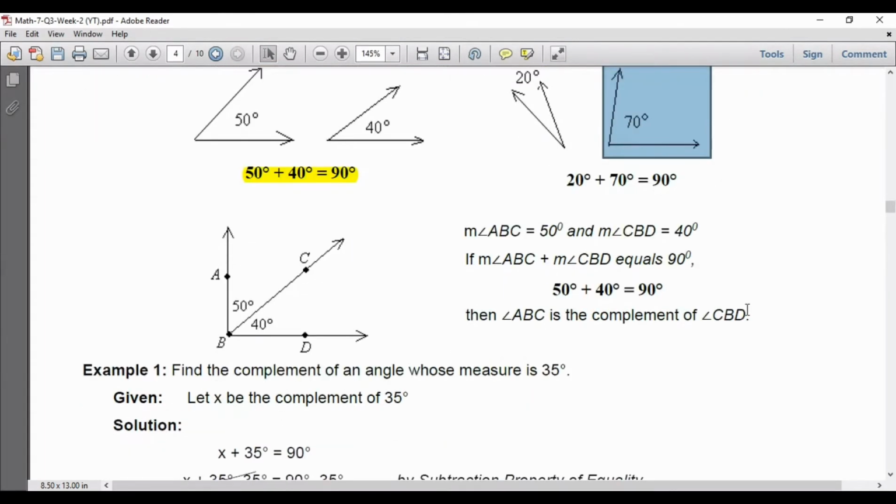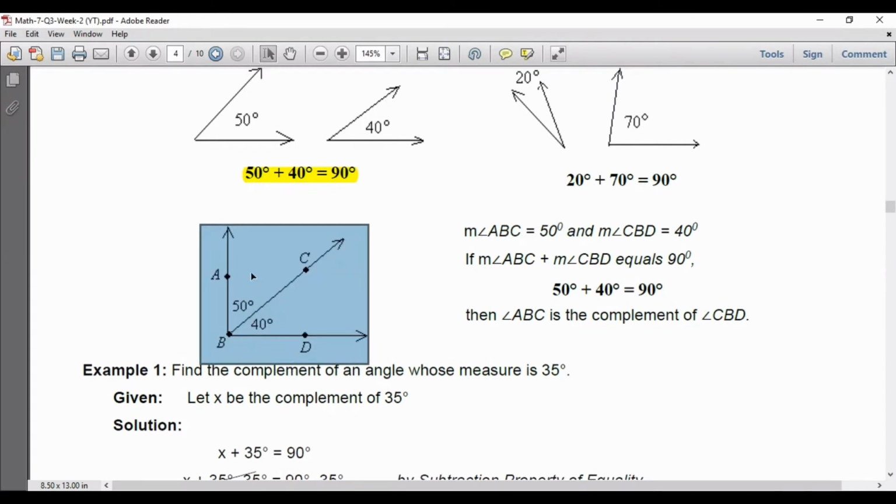So, this one is the illustration. The solution: the measure of angle ABC, in connection with this figure, is 50 degrees. And the measure of angle CBD equals 40 degrees.